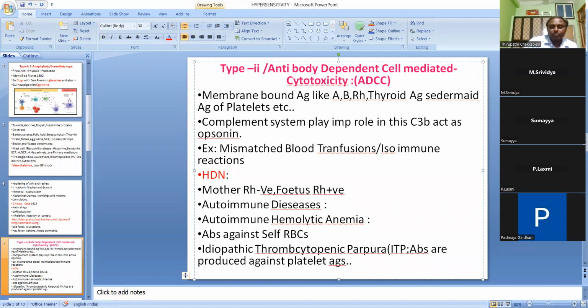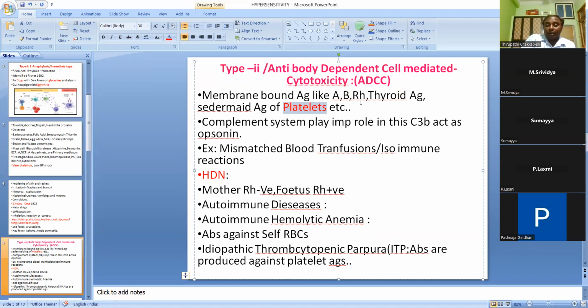Here, membrane bound antigens like blood group antigens like A, B, RH, thyroid antigen, and Sedormid antigen. Sedormid is a drug, so for this drug, some receptor molecules are present on platelets.